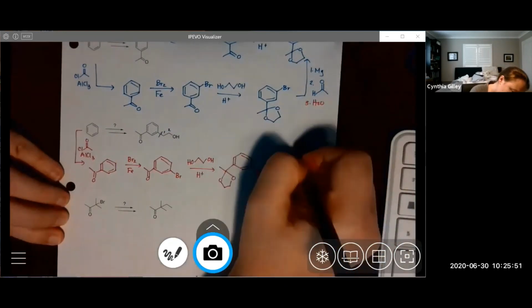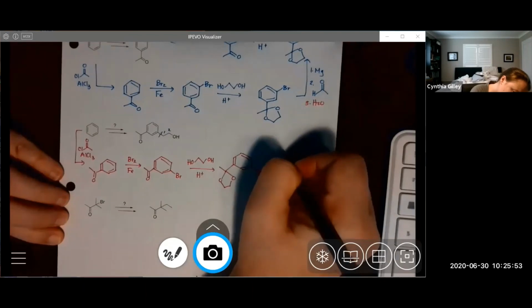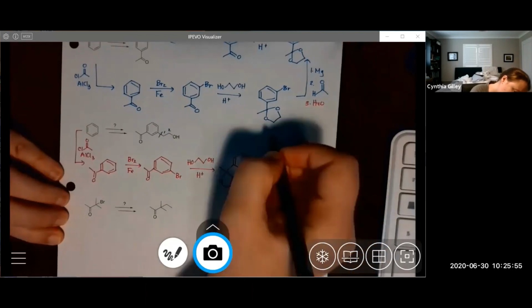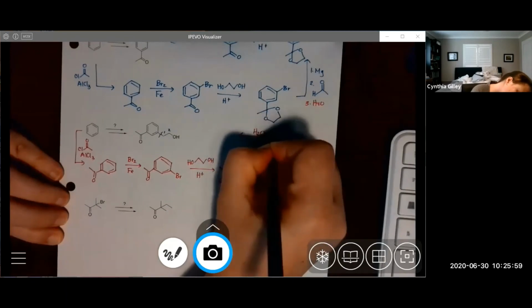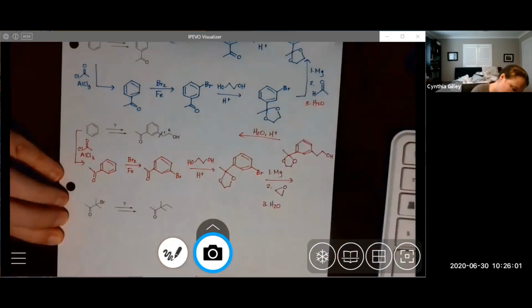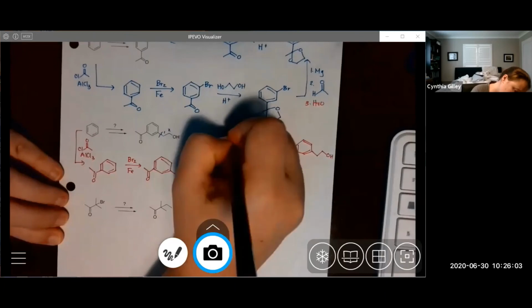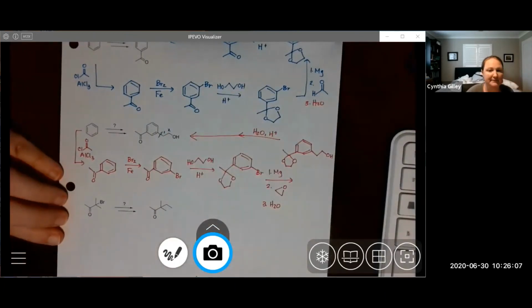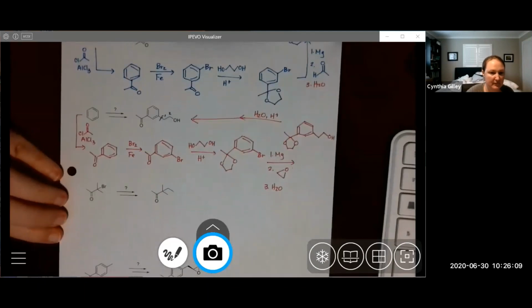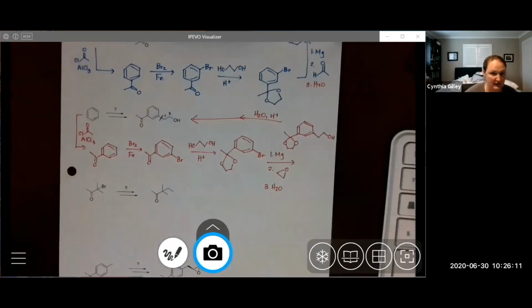Then do the deprotection of the acetal separately with dilute acid, and we'll get to the product. Moving on to the next one.